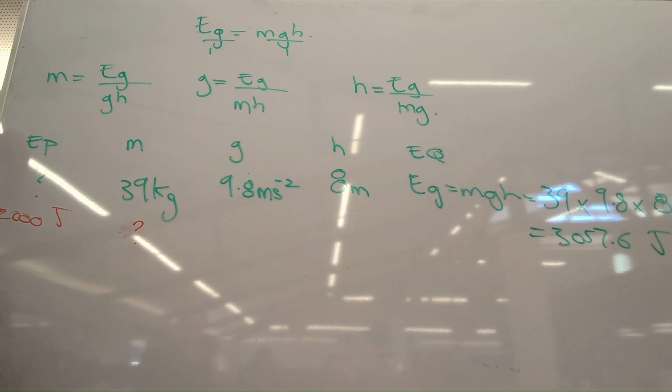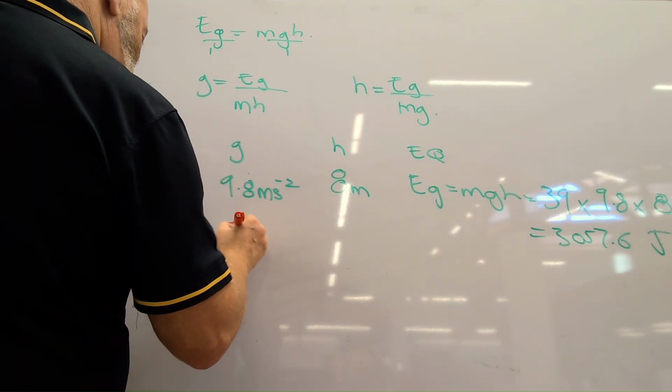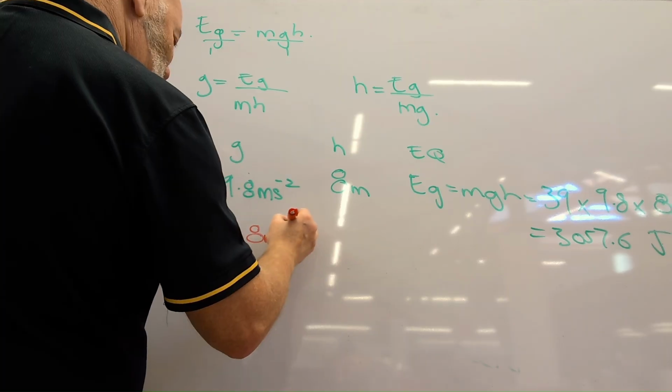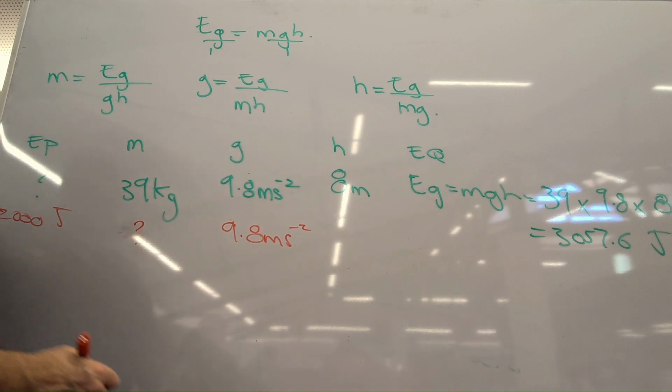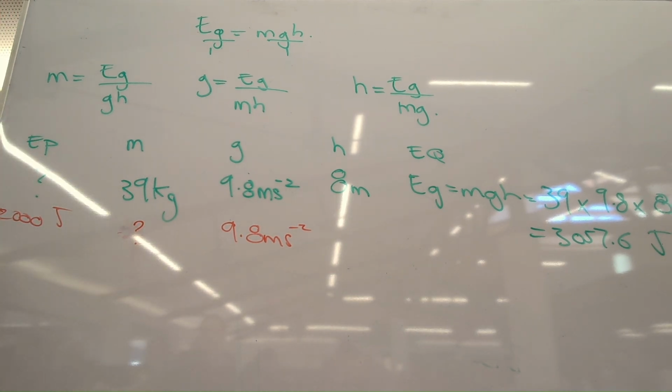Yes? Gravity on Earth, where your house is, 9.8 meters per second per second. And the height of your house is? 6,700 meters. That's tall.